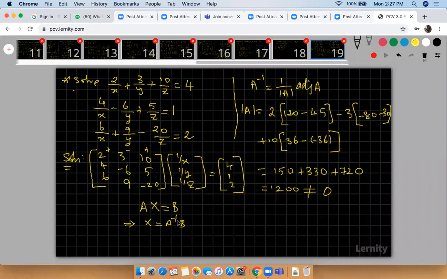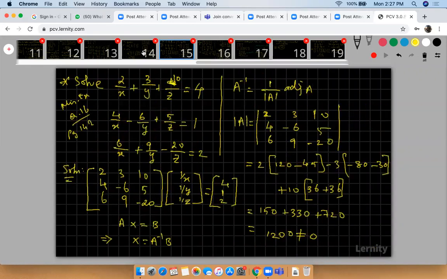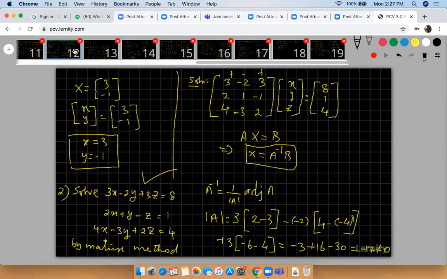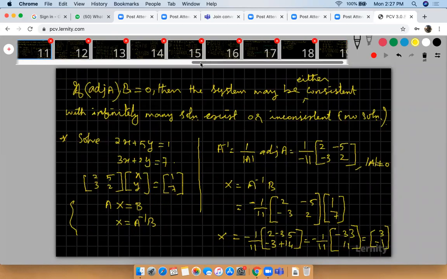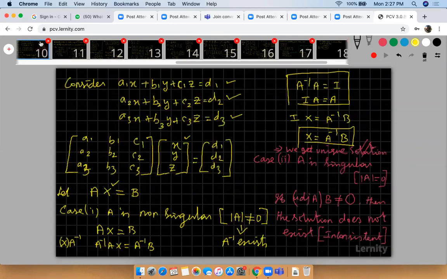Please note that we have discussed 3 cases. Consider the system of equations. Write the system in matrix form. If A is non-singular, we will get X equal to A inverse B, which means the solution of X is unique.